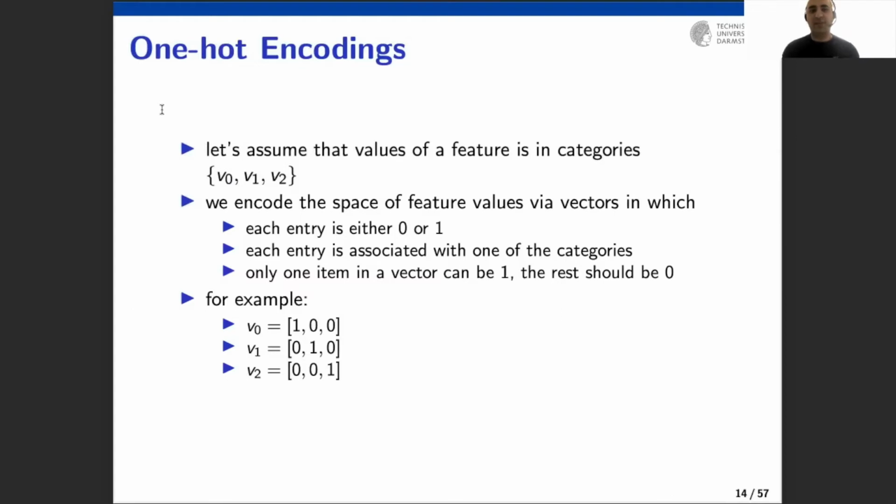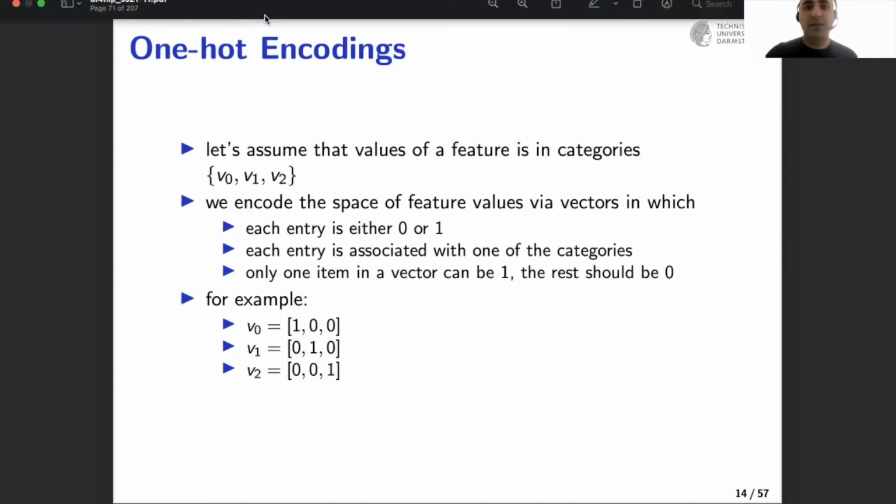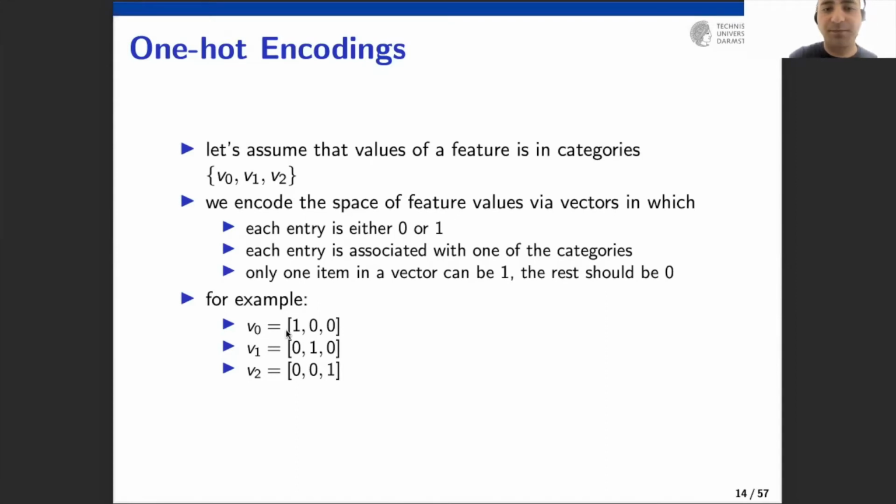So the way that we introduce this categorical space, or the space of feature values, is via 3 vectors. For category 0, we use 1, 0, 0. For category 0, we set the first element in the vector to 1 and the rest of the items to 0.